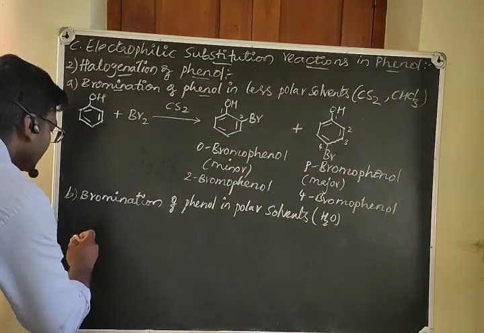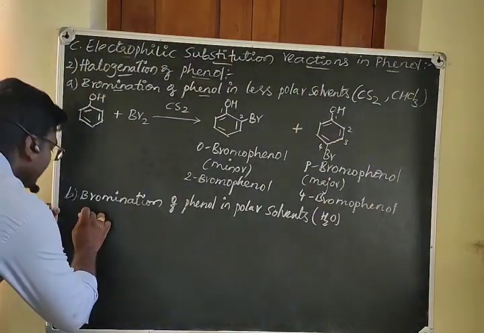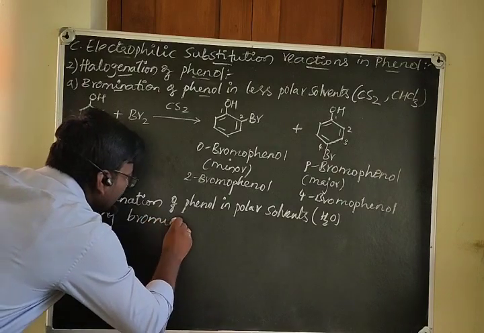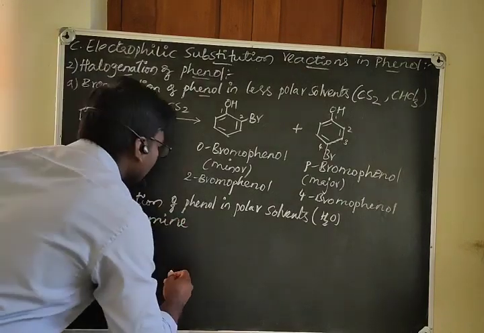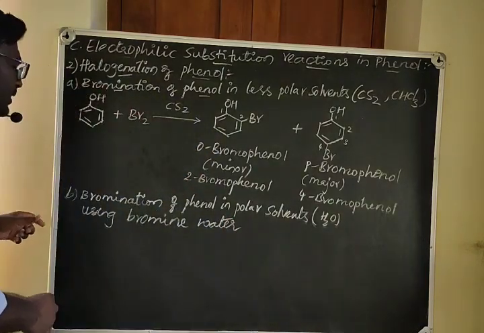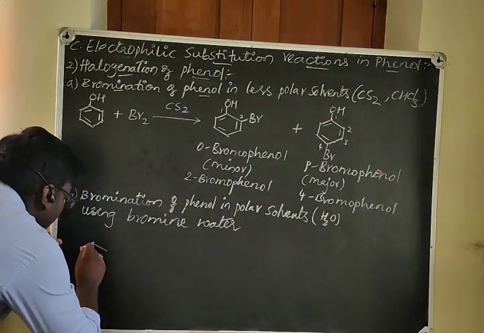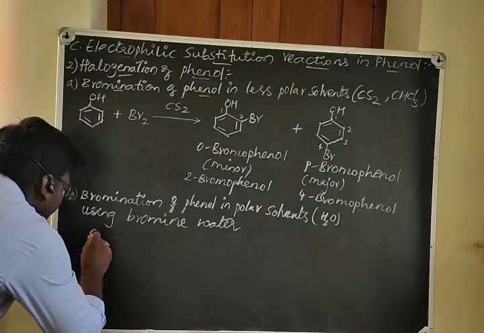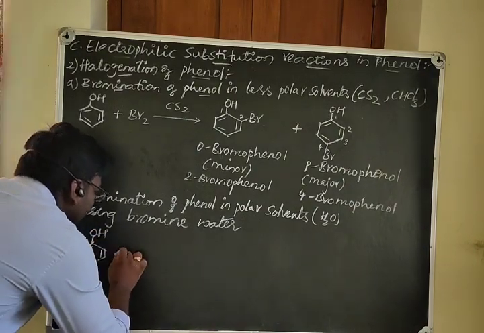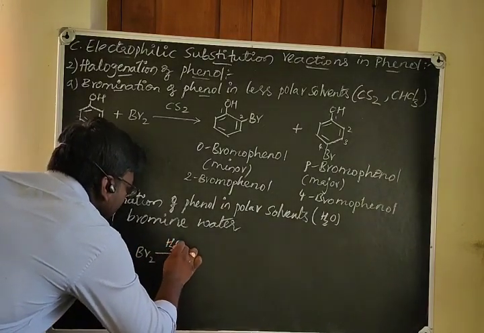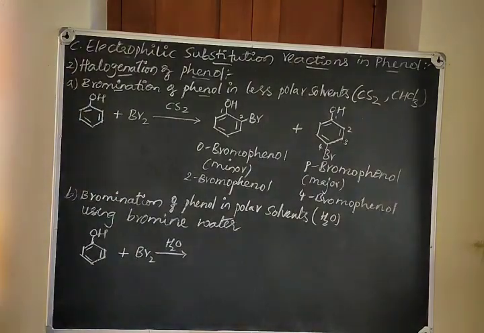Let's consider that, using bromine water. What is bromine water? The bromine is taken in water. Take the phenol and treat this with bromine water, that is bromine in the presence of H2O.